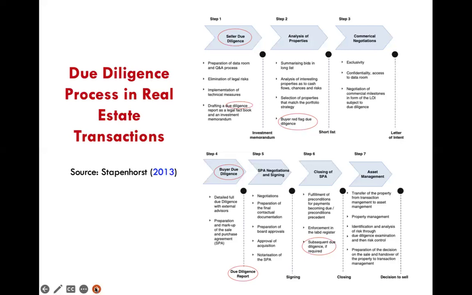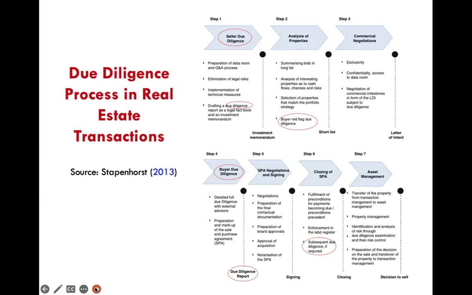Then again, it is in this third stage that potential buyers who have been given some form of access to the seller's data on the property, usually for preliminary assessments of the viability and the feasibility of their project, may now be encouraged to put in a letter of intent to buy the property within a certain period of time.